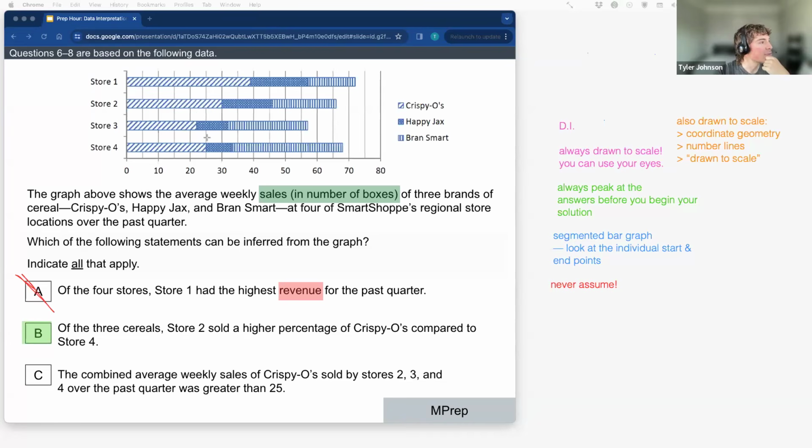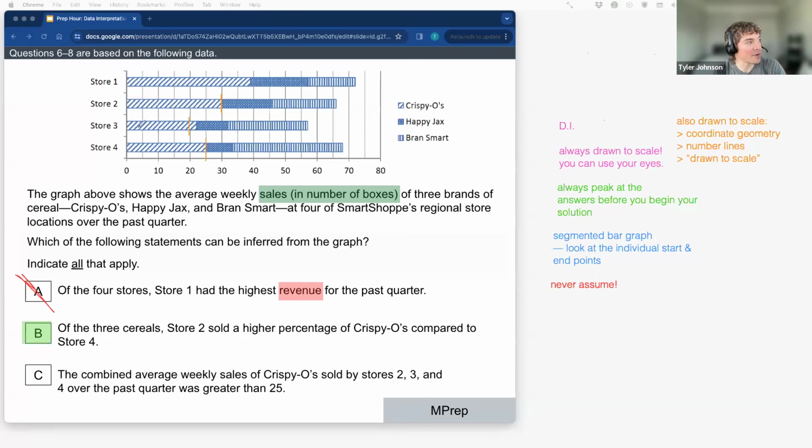And recognize store 4, that one is exactly at 25. And store 2 is exactly 5 above at 30. So if store 3 were exactly 5 below at 20, everything would average out to 25. Because I have 25 and then 5 above at 30 and 5 below at 20. That makes an average of exactly 25.